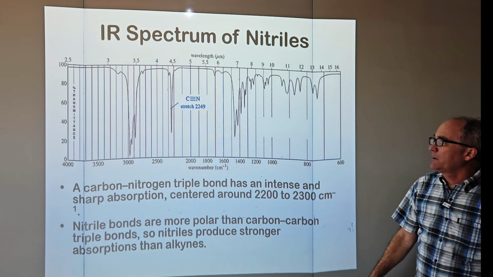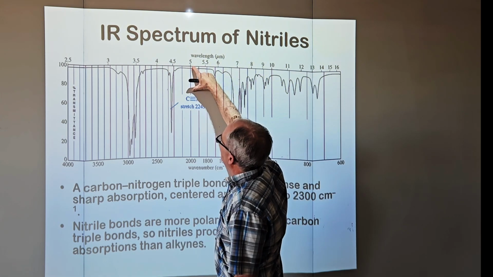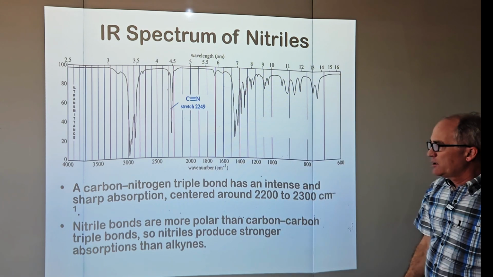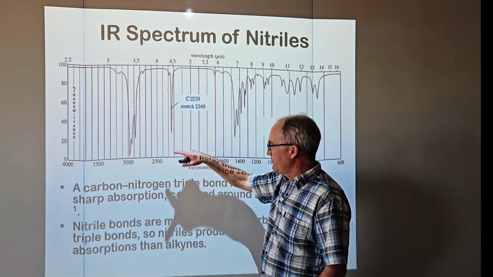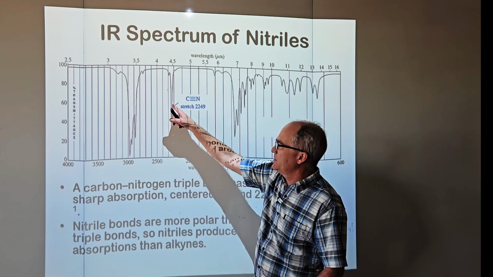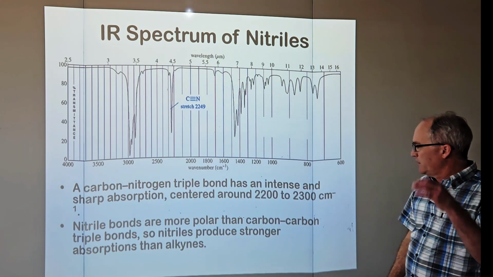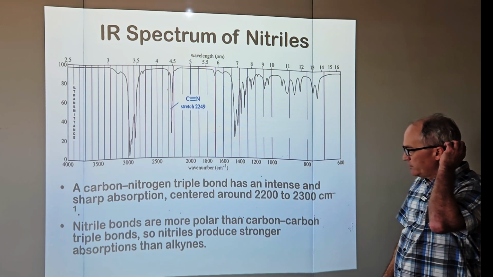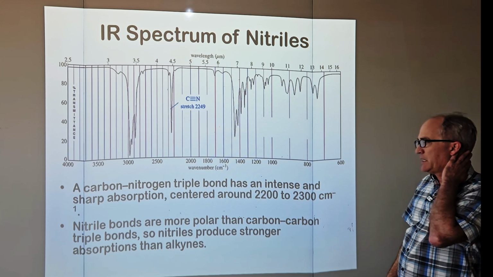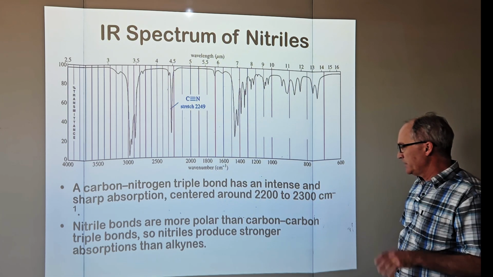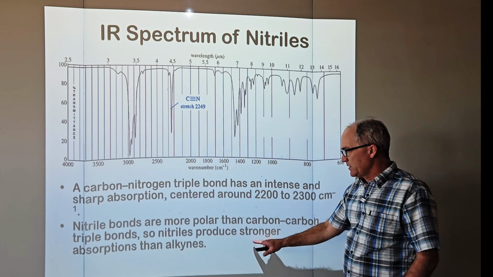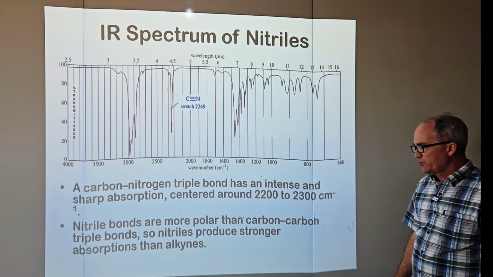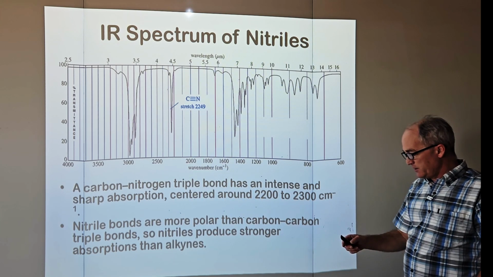When we looked at the alkyne, it only came about this far down. A carbon nitrogen triple bond has an intense, that means a long way down, and sharp, that means a narrow peak, centered around 2200 to 2300 wave numbers. Nitrile bonds are more polar than carbon-carbon triple bonds, so nitriles produce a stronger absorption than alkynes.